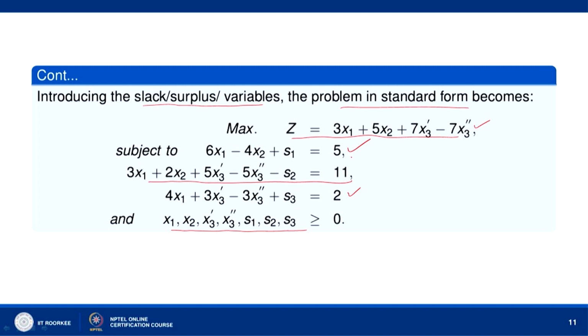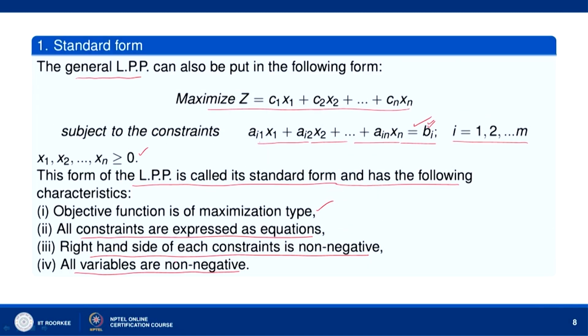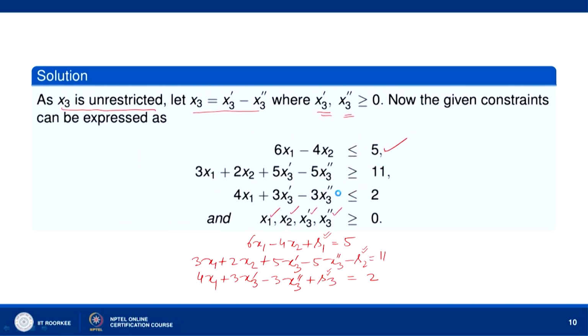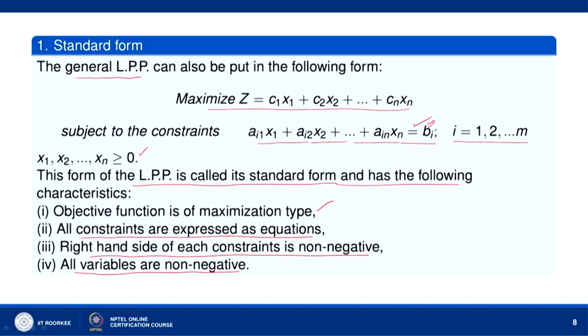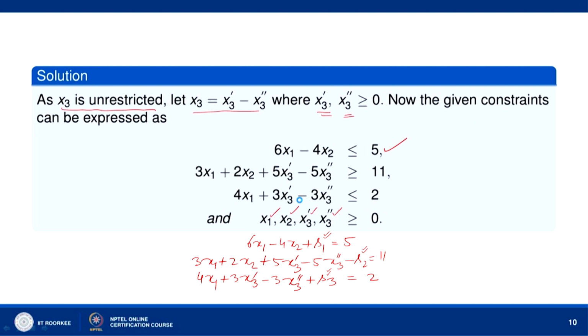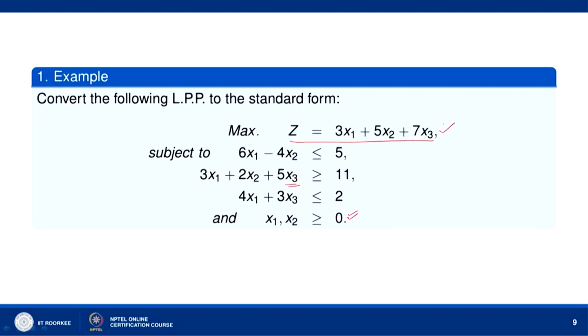The right hand side of each constraint must be non-negative: this is 5, this is 11, this is 2, so the right hand side of each constraint is non-negative. All variables x1, x2, x3 dash, x3 double dash, s1, s2, s3 are non-negative. So, this LPP has been brought into the standard form.